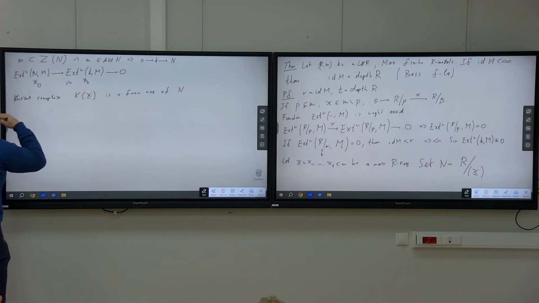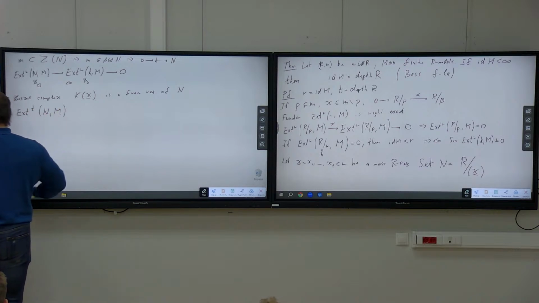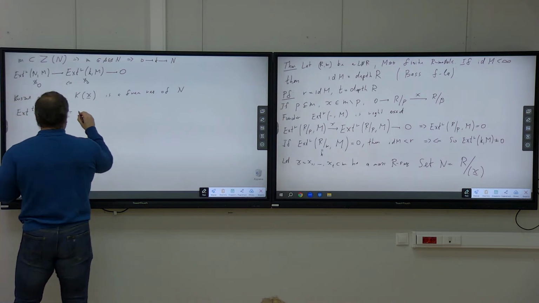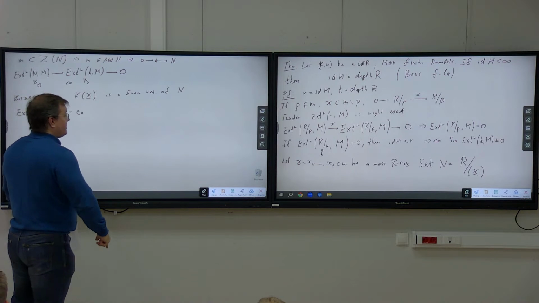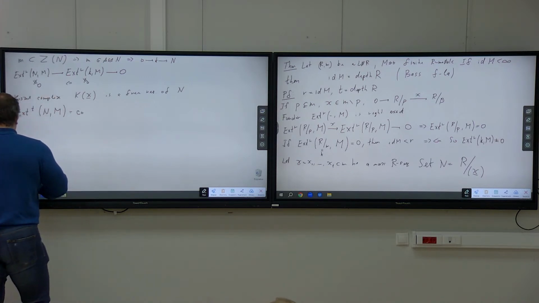Now I can use this free resolution and compute Ext with the index t between N and some module M. So let me plug in a little computation. So this is a complex, of course, of length t. We have t elements in the regular sequence.